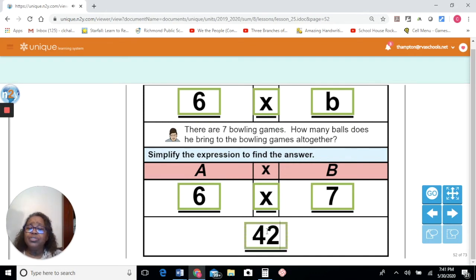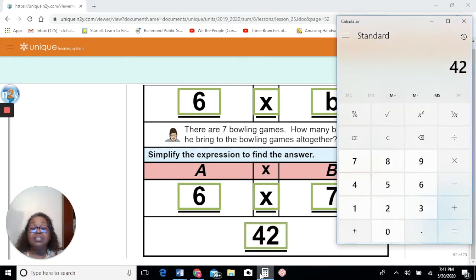Now, let's use the calculator to see if we added 6 7 times, would we also get 42 if we use repeated addition? Let's try it. First, let's clear it out. And we're going to put 6 in 7 times.